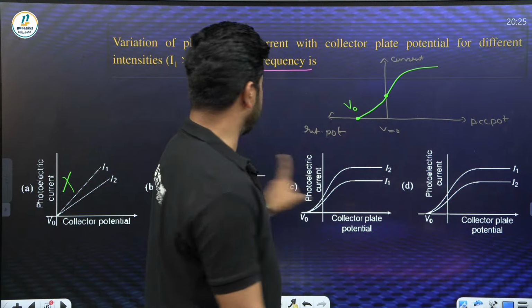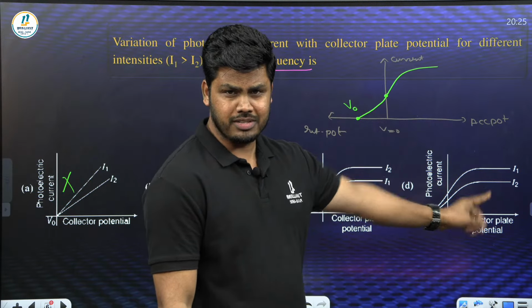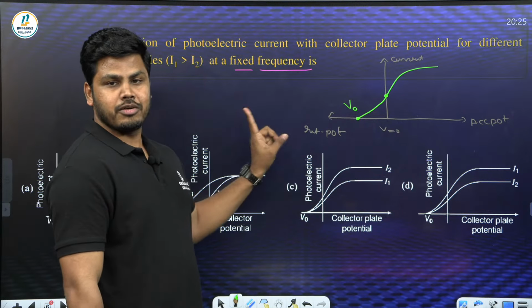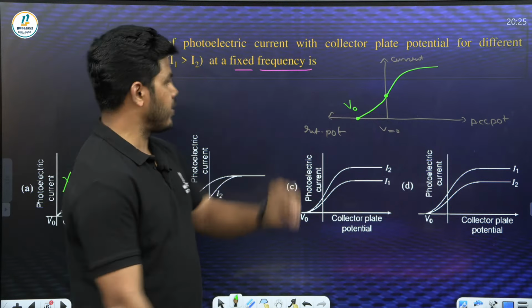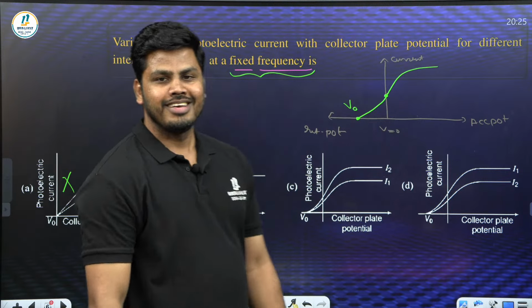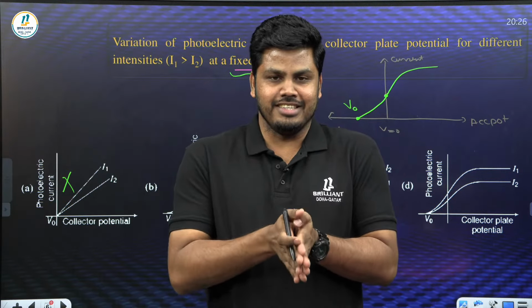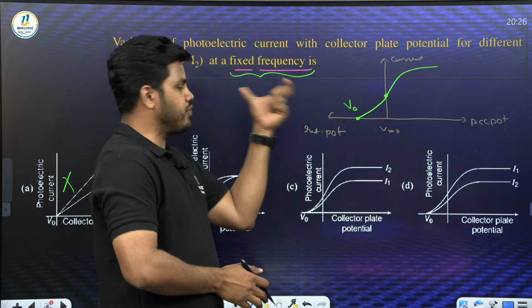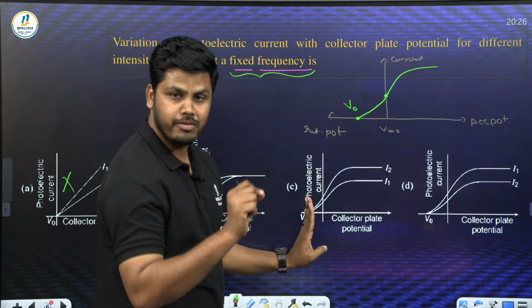And look at the other graphs. One way or other they are somewhat similar, right? So now look at the question. We are going to fix the frequency. Fixed frequency means frequency of incident radiation is a constant.